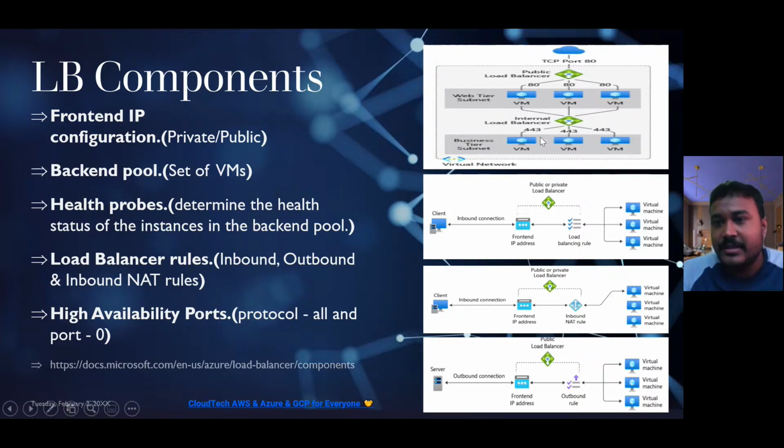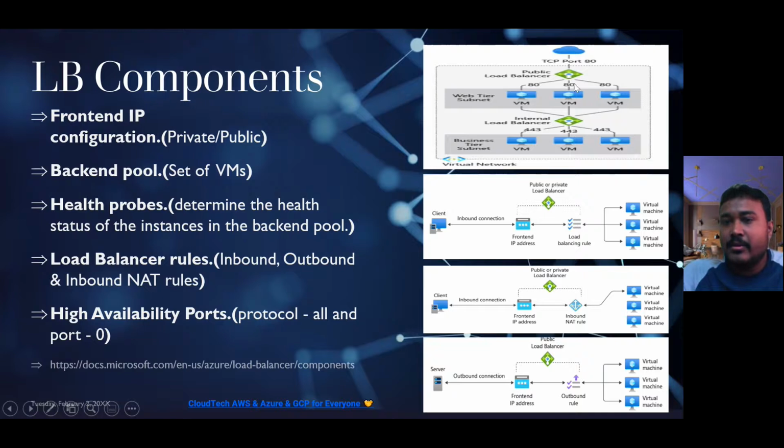If you see the right side, friend, I am just demonstrating. This is our virtual network. Inside that we have a business tier subnet with multiple VMs, and we have a web tier. If I say this is the API and this is the app server, then this is also a set of multiple VMs, right?